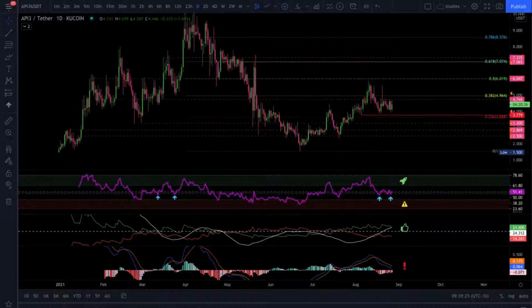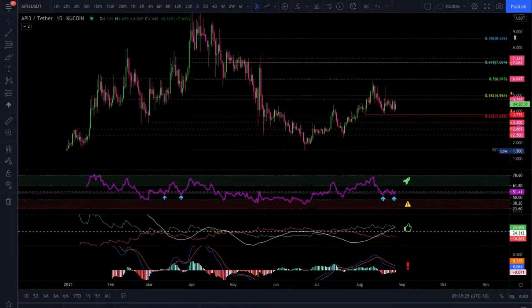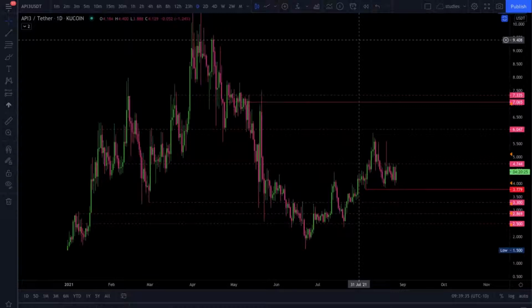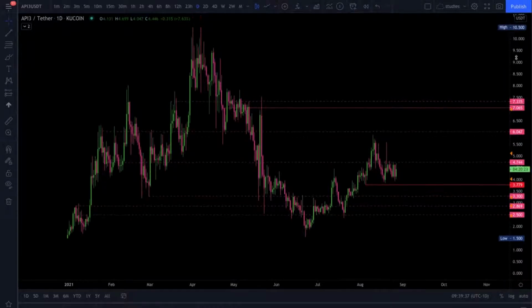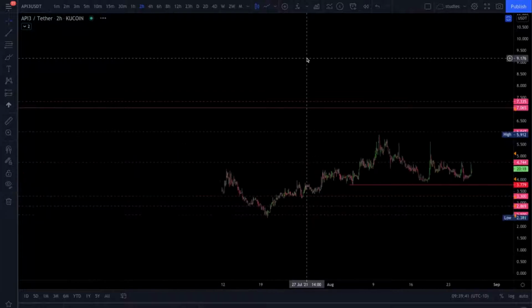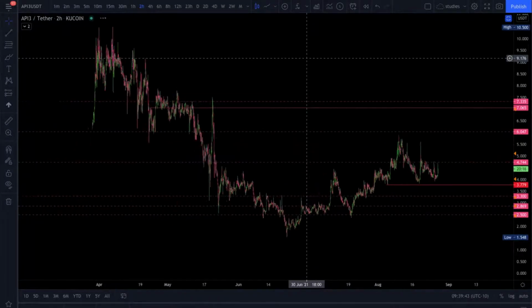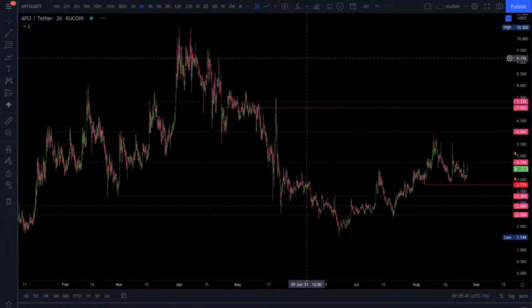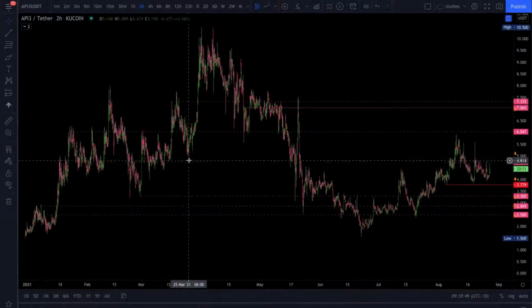The first thing that I tend to do when I'm looking at this chart, let me get rid of this fib retracement as well, is look for areas of support and resistance. Generally I'll break this down to a lower time frame to do this, so I can lock them in a little bit better, and then I'll line out my support and resistances.